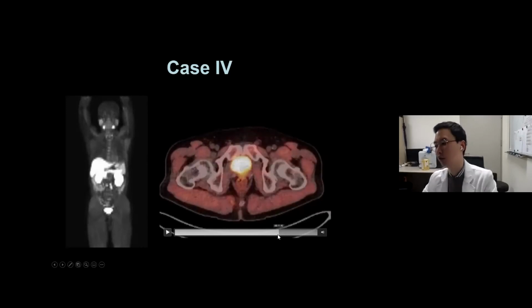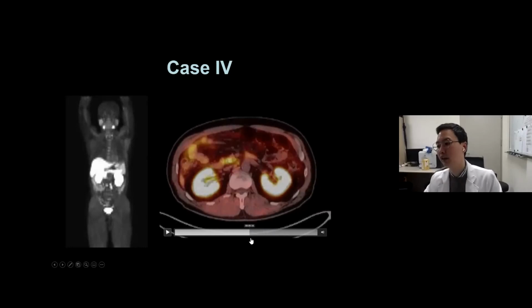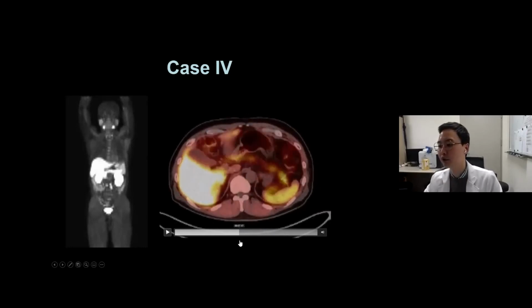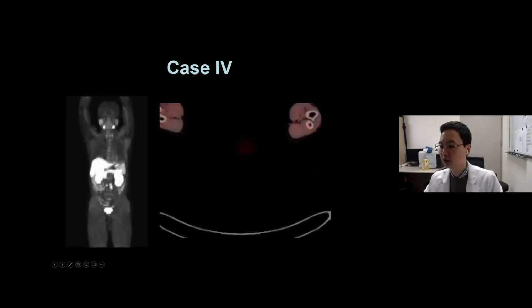So this patient was diagnosed as recurrent mainly in the lymph nodes, and is now undergoing Taxol-based chemotherapy.